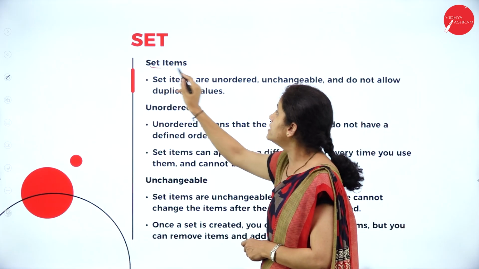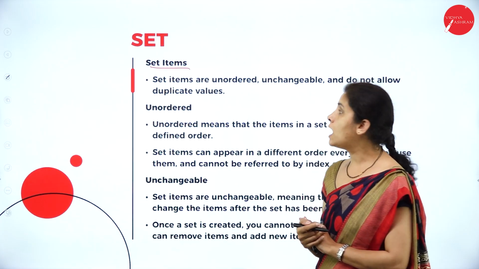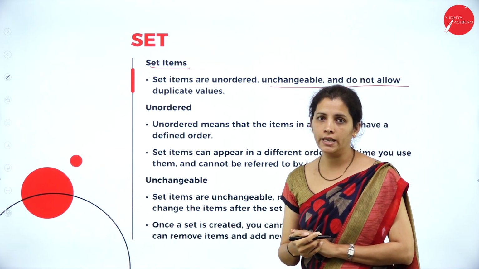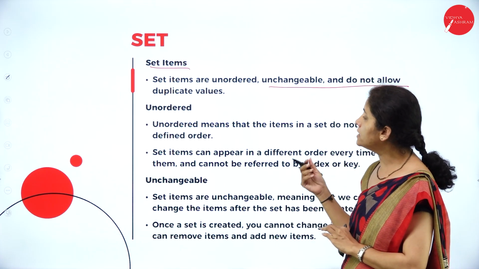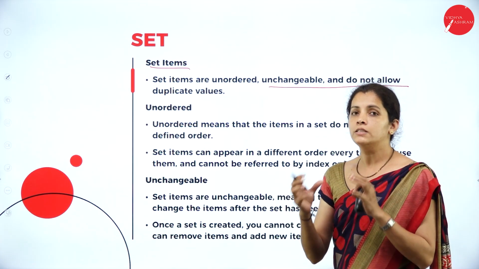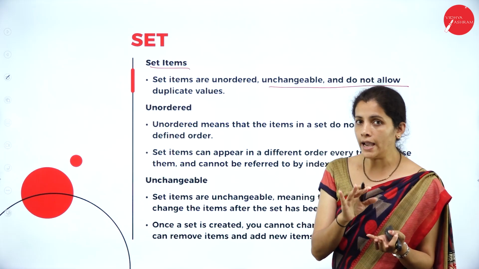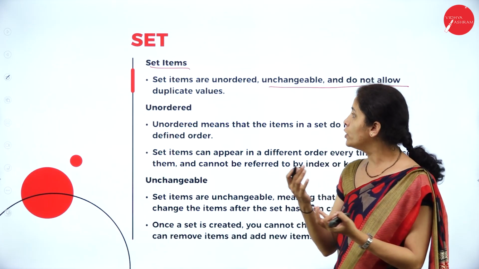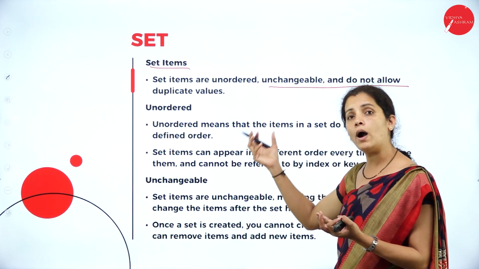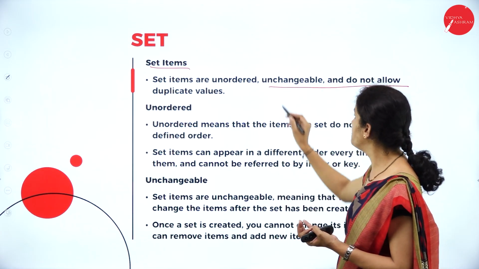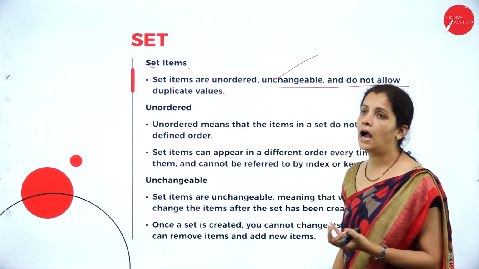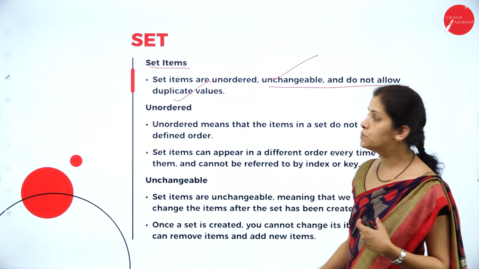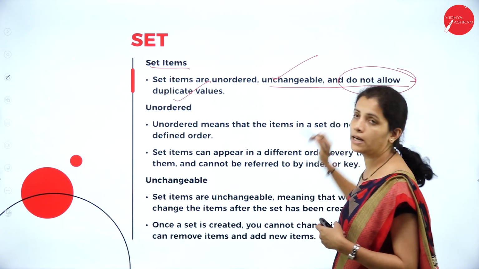See here, set items are unordered, unchangeable and do not allow duplicate entries. What is unordered? I'm going to store the elements, but while retrieving them, I'm not going to get the same order in which I placed them. And it is unchangeable, and it does not allow duplicate values.